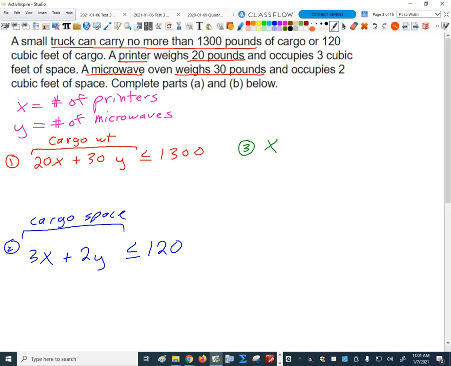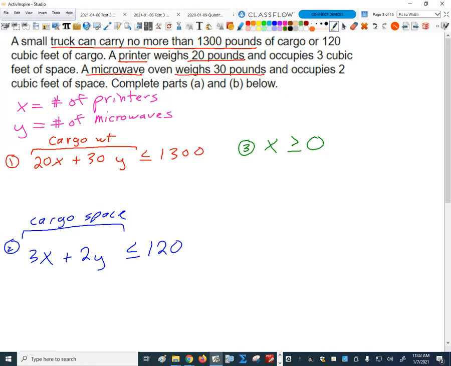So 0 is the boundary between negatives and positive, right? Okay, so we know that the number of printers can't be negative. It could only be 0 or positive, which really just means 0 or greater, doesn't it? So how could you say that as an inequality then? x is greater than or equal to 0, right?